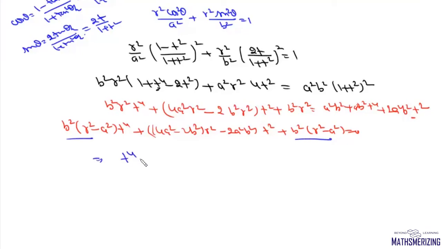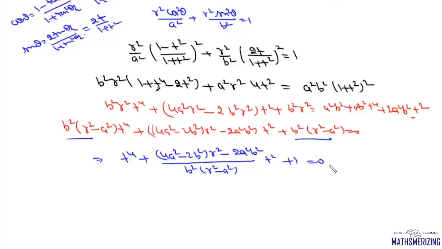So we can write this equation as t to the power 4 plus (4a square r square minus 2b square r square minus 2 a square b square) upon b square (r square minus a square) t square plus 1 equals 0. Now since it is a biquadratic equation, this equation may have 4 real roots. So if this equation has 4 real roots, then there will be 4 values of t, say t1, t2, t3 and t4.